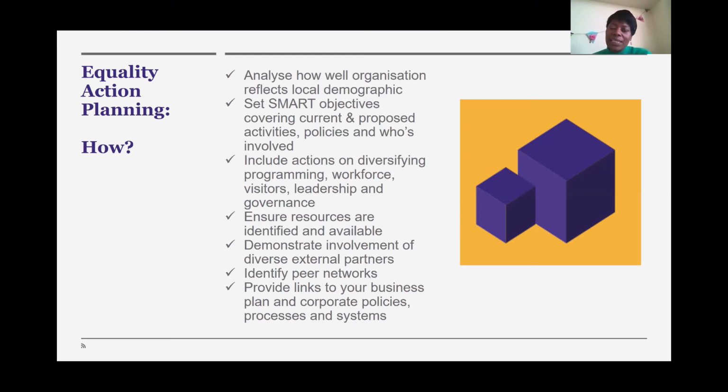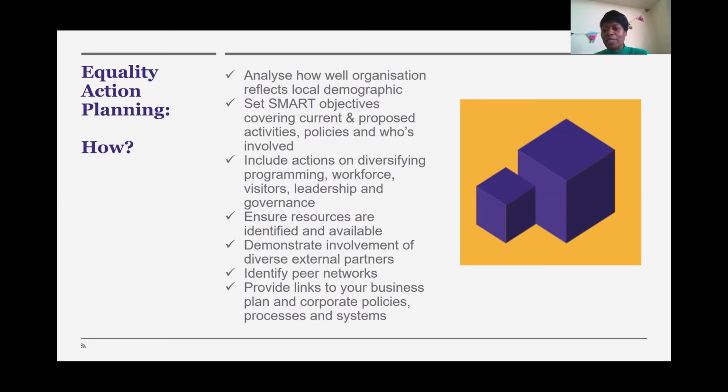Analysing how well the organisation reflects the local demographic, setting SMART objectives covering current and proposed activities, policies, and who's involved, to include actions on diversifying programming, workforce, visitors, leadership and governance, ensuring that resources are identified and available, demonstrating involvement of diverse external partners, identifying peer networks, and providing links to your business plan and corporate policies, processes and systems. Because what we don't want is that the equality action plan is a standalone document and approach, but we want to make sure it's integral to all of your work programmes.